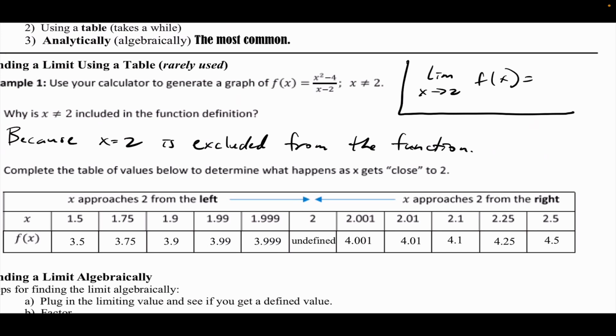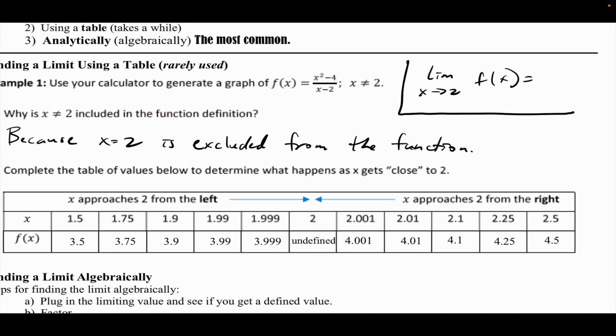So can you tell where x is going before 2 and after 2? So before 2, it's 3.5, or sorry, not x, f of x, right? Y. Y is 3.5, 3.75, 3.9, 3.99, 3.999. Where is that side going to? 4. It's getting closer and closer to 4. Okay. How about the other side?